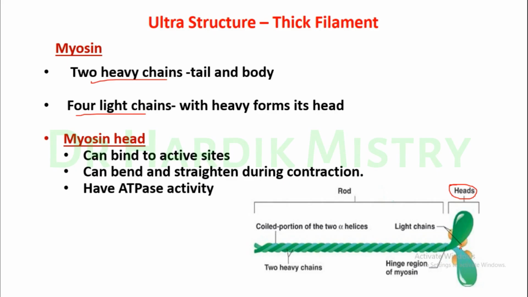The myosin head can bind to the active sites on the actin filament or thin filament, can bend during muscle contraction and straighten during muscle relaxation, and has ATPase activity. I know you are not able to understand at this point the specific features of this myosin head, but in muscle contraction you will understand all about this.